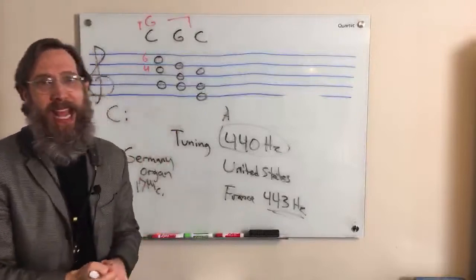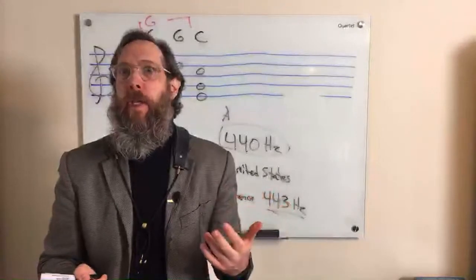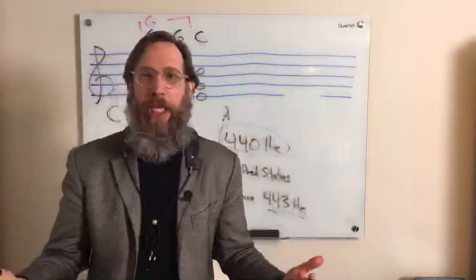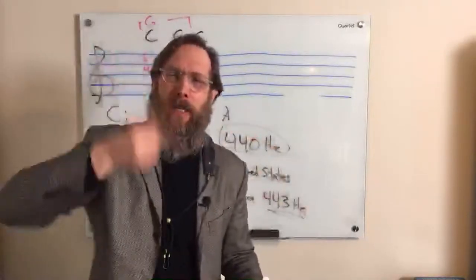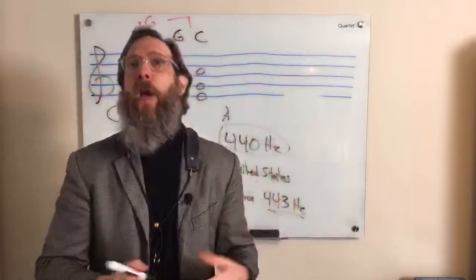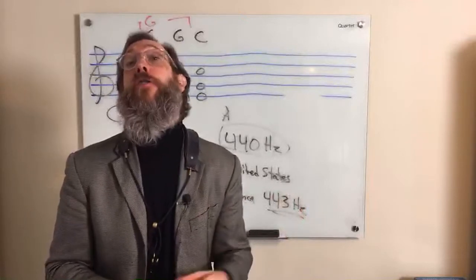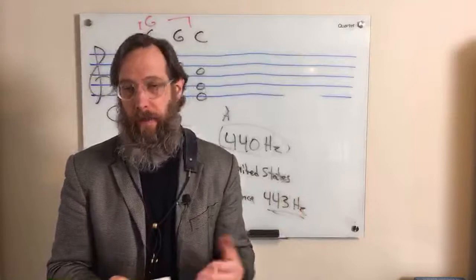And I think part of that had to do with the fact that there wasn't a governmental agency saying that A has to be this many frequencies, or a group of people who said, yes, we've all gotten together and we've decided A is going to be 438 cycles per second, right?